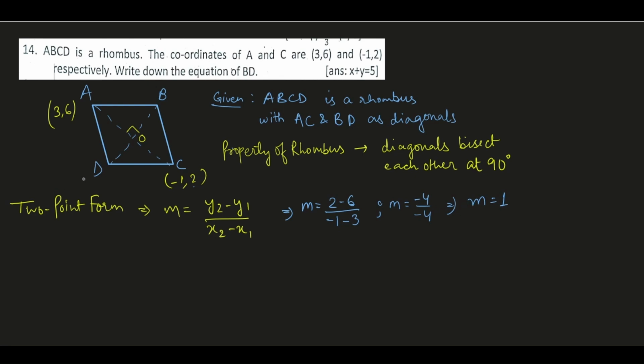Now, let me write here line AC. So it will be a good identifier in that case. So for line AC, I can write M1. Okay. So let me assume L1. So L1 is line AC. So M1 is 1.